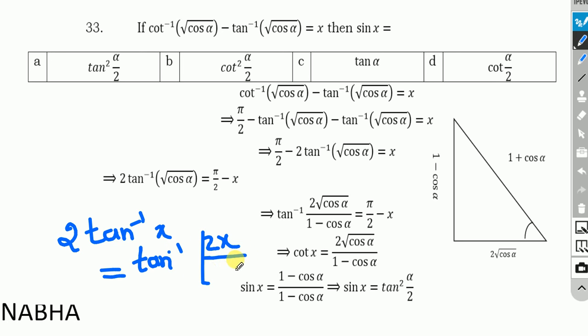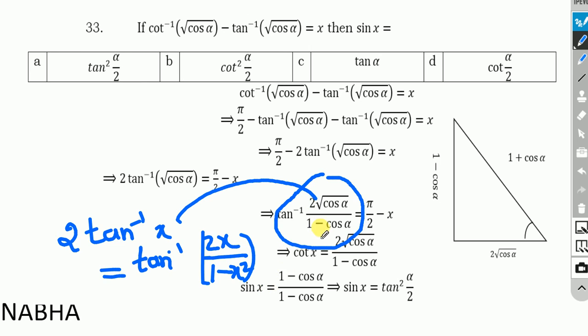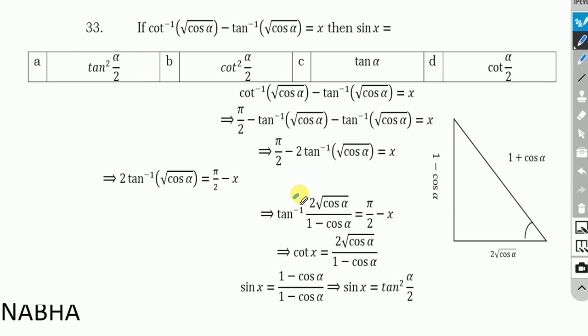Here x is nothing but root cos alpha, so I have 2 tan inverse of root cos alpha is tan inverse of 2 root cos alpha divided by 1 minus root of cos alpha whole square, that is 1 minus cos alpha, which is equal to pi by 2 minus x.